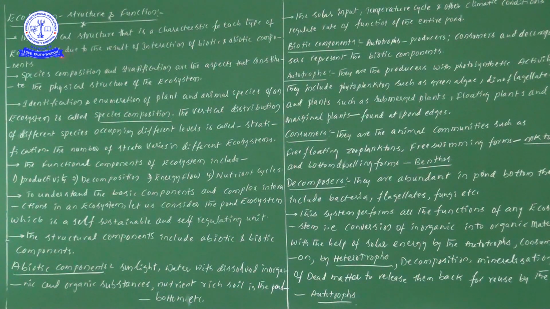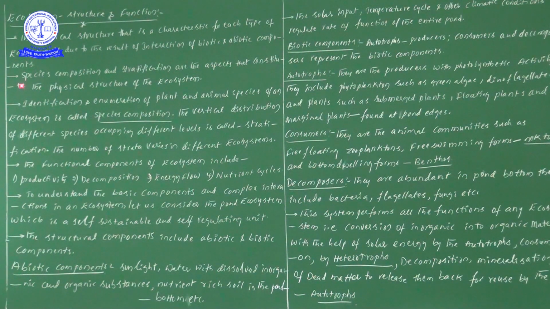When biotic and abiotic components come together and interact, that leads to the formation of the physical structure in the ecosystem. Did you understand the point or not?